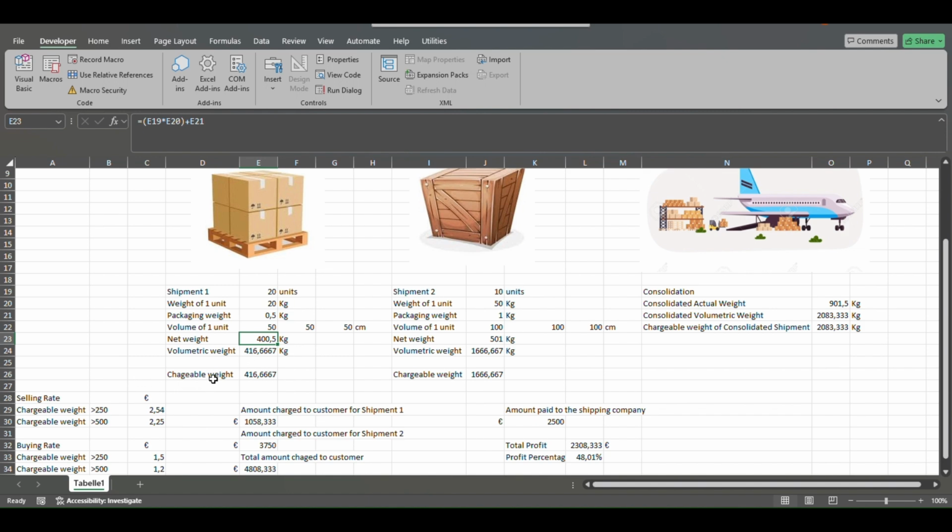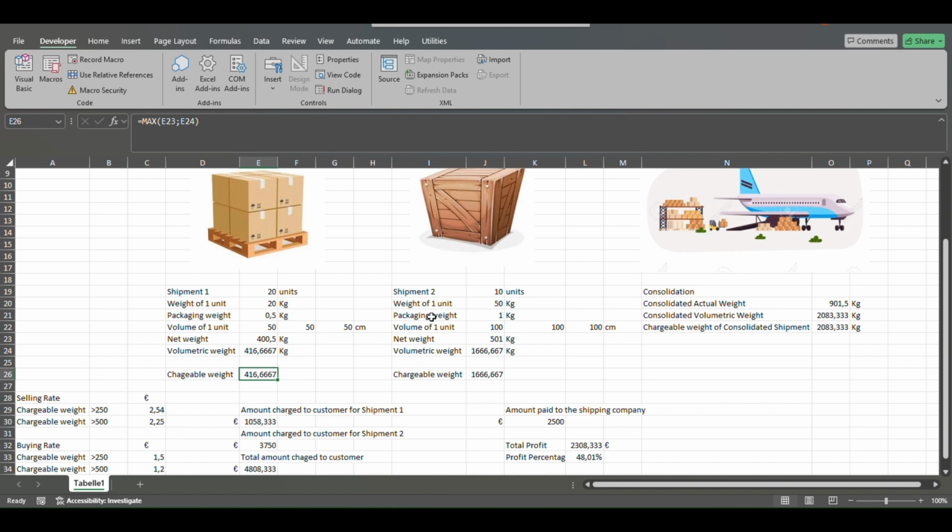What we charge the customer is the greater of the two, whichever is the higher number: the net weight or the volumetric weight is going to be the chargeable weight that the logistics company charges the customer. The same goes for shipment 2.